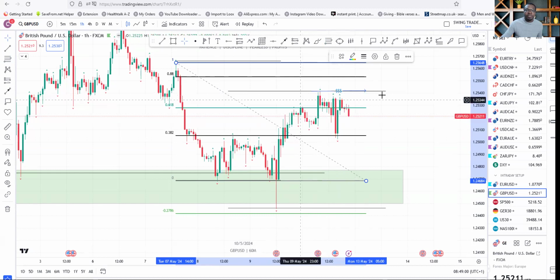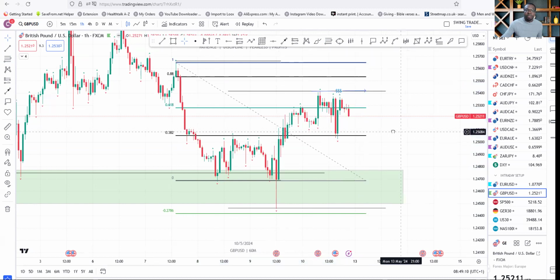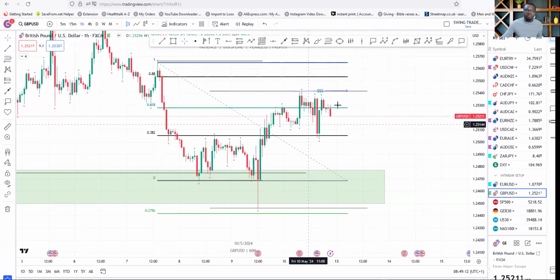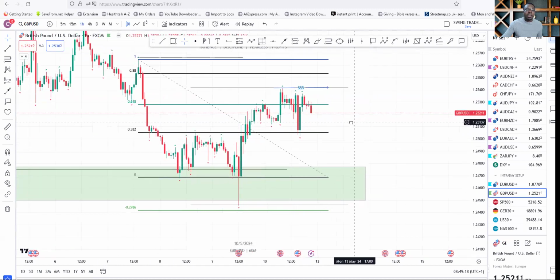That means possibly they might want to push up one more time to take out liquidity before they drop. Hopefully that happens. Otherwise, we should be looking forward to a momentum that will give us that opportunity, a break of structure of some kind.